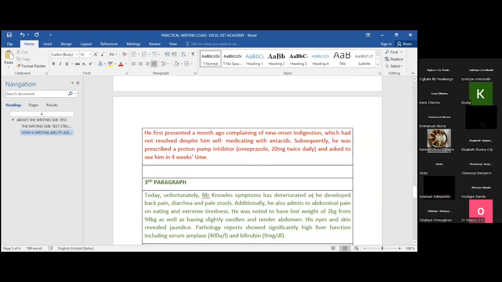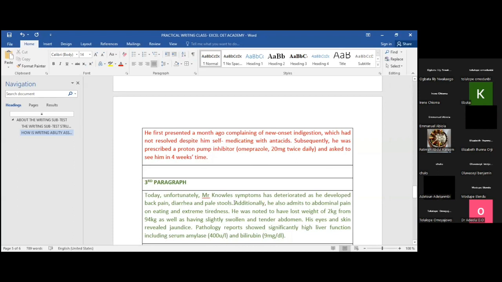For example, some people write: he has developed back pain, diarrhea, pale stool, abdominal pain on eating, and fatigue. No. Once your symptoms get to 3, 4, or 5, split them. Don't put them all together. You can see I said he developed back pain, diarrhea, and pale stools, full stop.